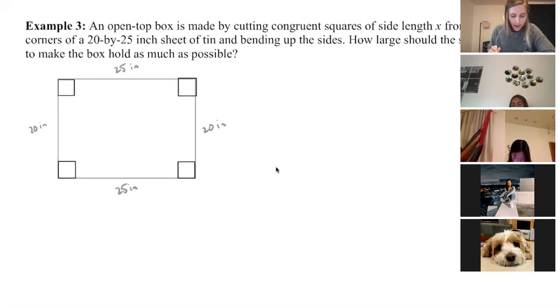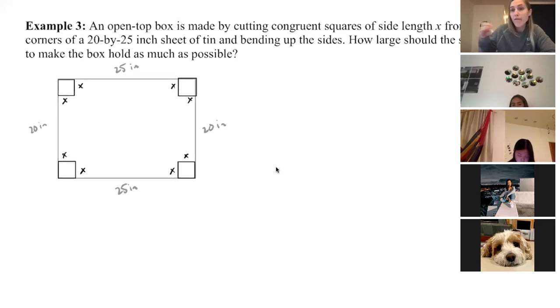I'll just draw it. All those squares should be the same size, meaning each of those squares would be x by x, or whatever variable you want to use. So x by x, x by x, x by x, x by x.